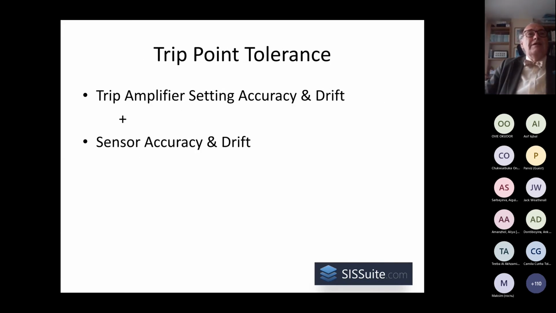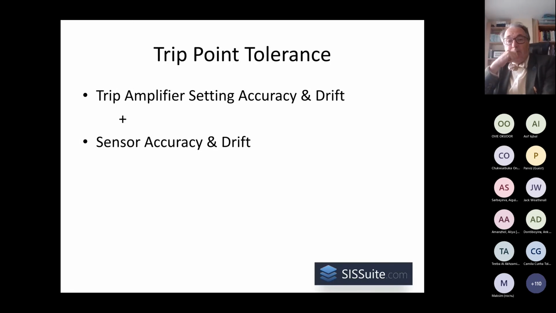Another consideration is the tolerance in the trip point itself, because we can identify it as being at so many degrees or so many bar, but when we dial that into a trip amplifier or whatever it might be, or into our logic, there will be some uncertainty in that setting. So the setting of the trip amplifier will itself be subject to some uncertainty and could drift as well.